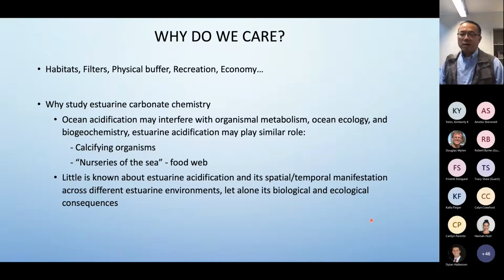However, despite years of study, there's still relatively little known on estuarine acidification across the globe, especially spatial and temporal changes, which are not very well understood. And that's only on the chemistry part. With the changing water chemistry, carbonate chemistry, the biological or ecological impact is even less known.